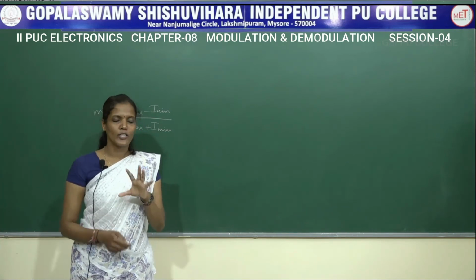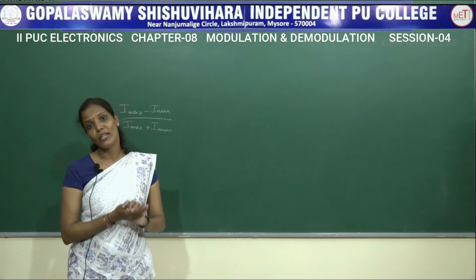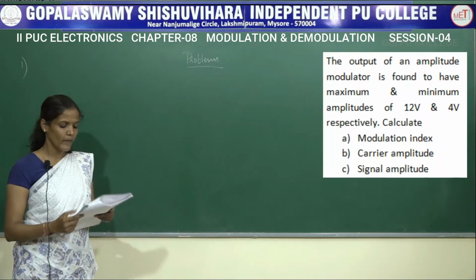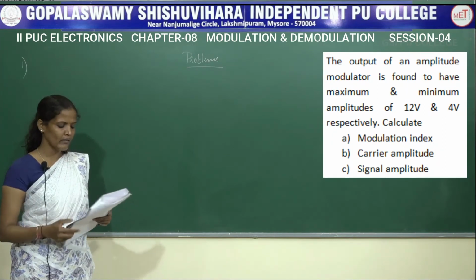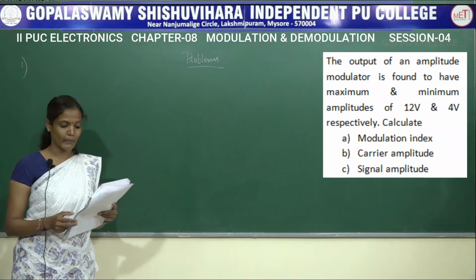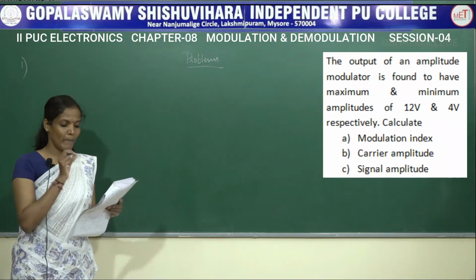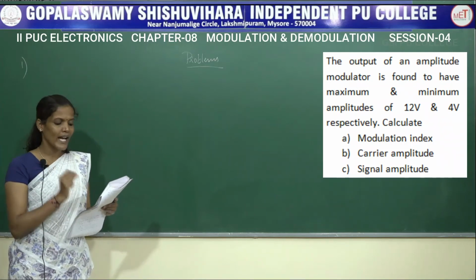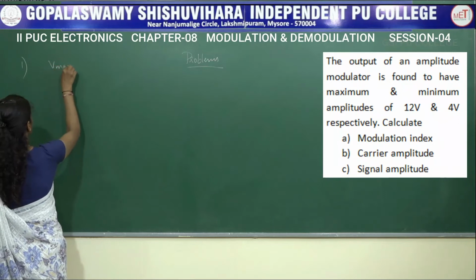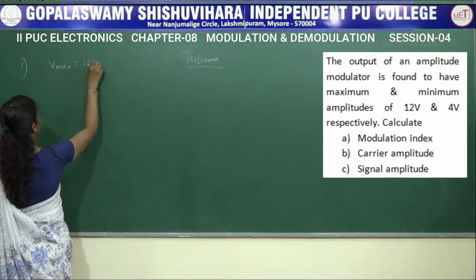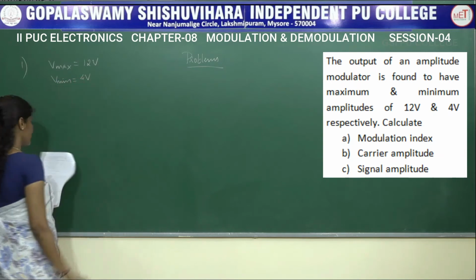Now we are going to solve some problems on this modulation index in terms of Vmax and V minimum. The first problem: the output of an amplitude modulator is found to have maximum and minimum amplitudes of 12 volts and 4 volts respectively. Maximum amplitude of 12 volts and minimum amplitude of 4 volts. That is, Vmax is equal to 12 volts and V minimum is equal to 4 volts.